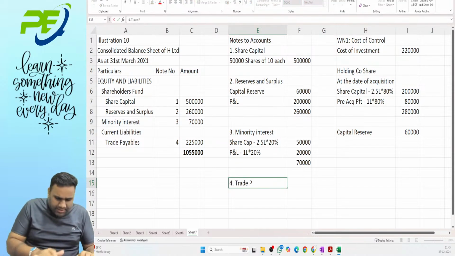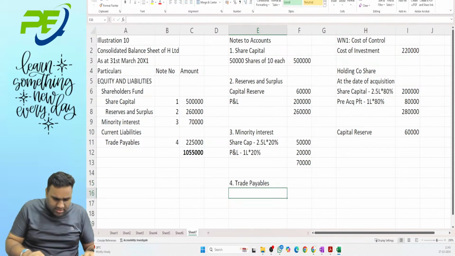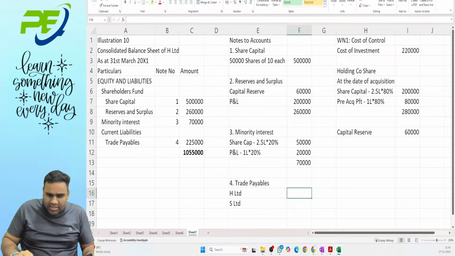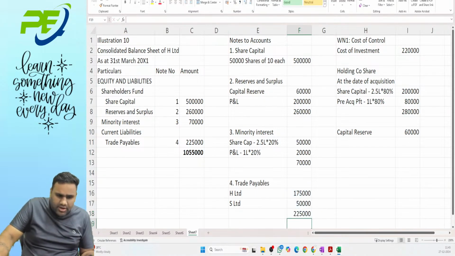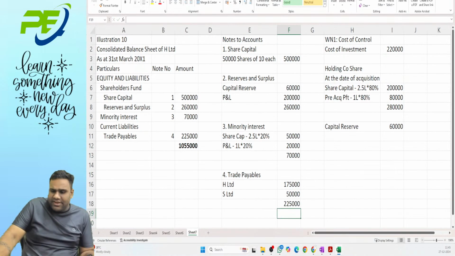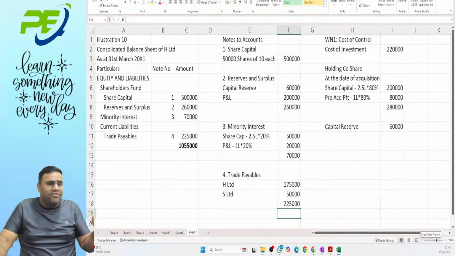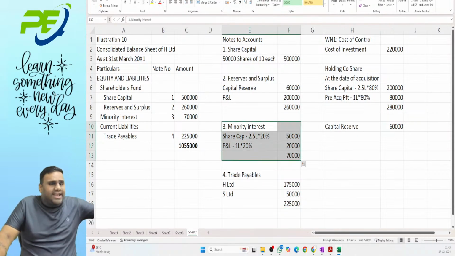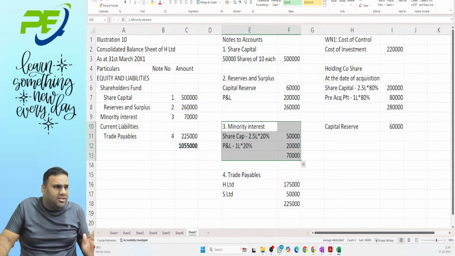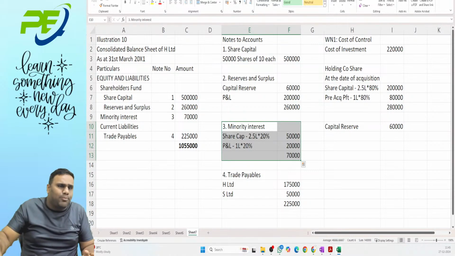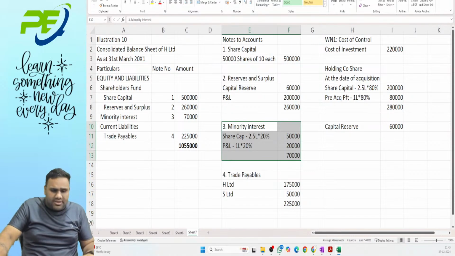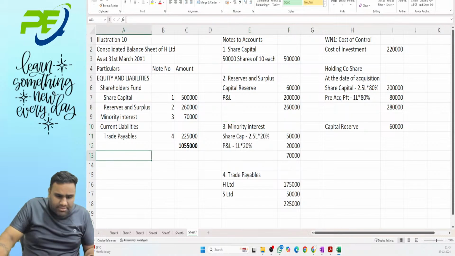So fourth, trade payables: H Limited 175 and 50,000, both put together 225. Everyone, any difficulty till now? Liability side, everyone. Minority interest we were doing standalone; in this problem we are doing it in the balance sheet. Share capital we wrote only holding. Minority share we have put here and the balance we have put in cost of control. Everyone, is it clear? So liabilities are over.